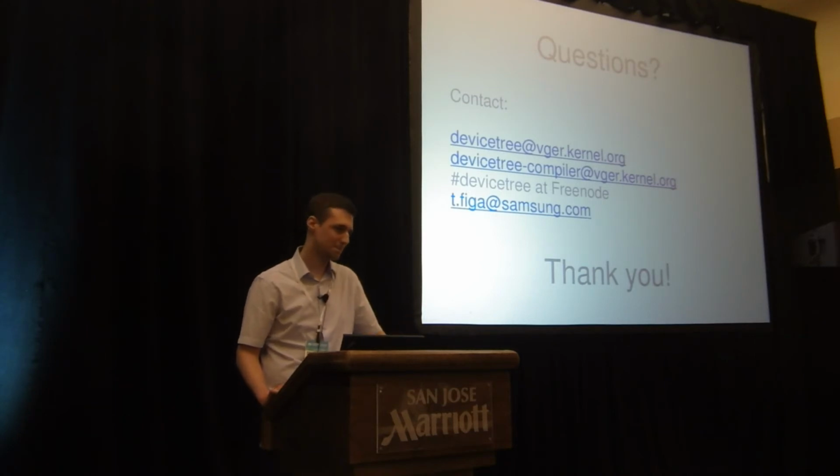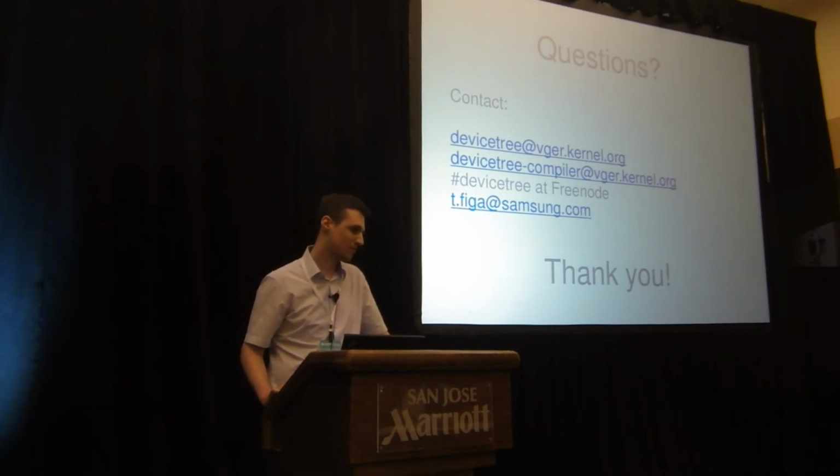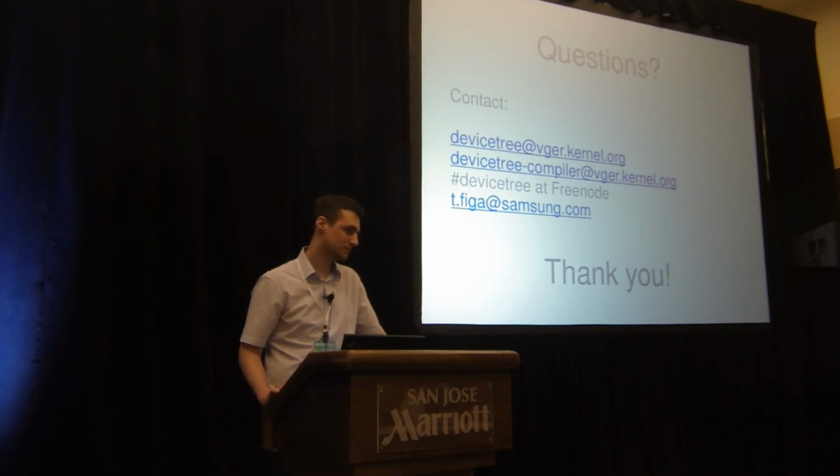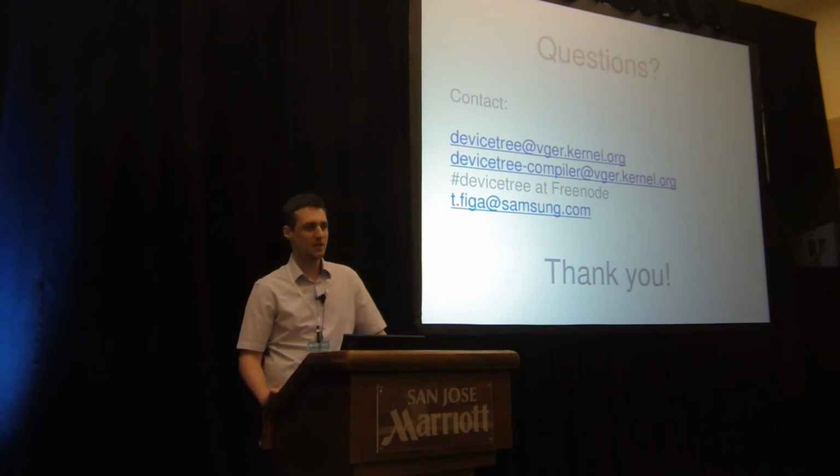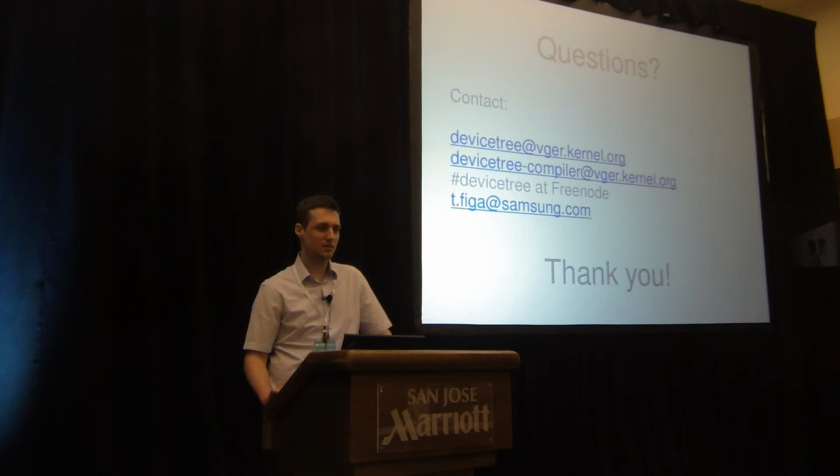Yeah? Is there a concern that if there are all these bindings, and if we have a huge set of complex ones that require a lot of C, the device tree compiler is going to get huge and unwieldy, or is managing that pretty good? The question was whether there is a concern that DTC, the device tree compiler, would get too big by adding C code for all the complex bindings.